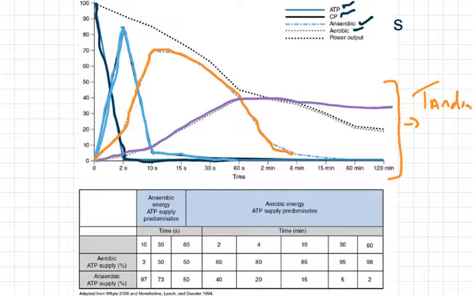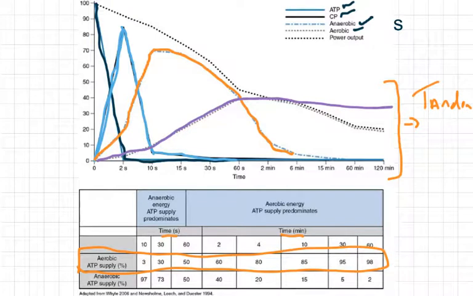And if we refer down to the bottom part of this figure, let's look primarily here at the aerobic pathway. And so what we see here is the first part of time in seconds and the second part here time in minutes.